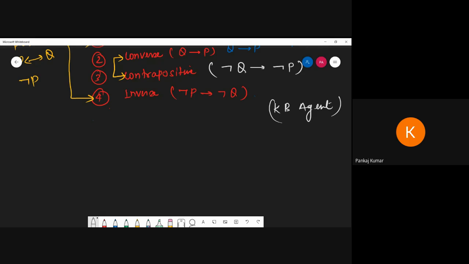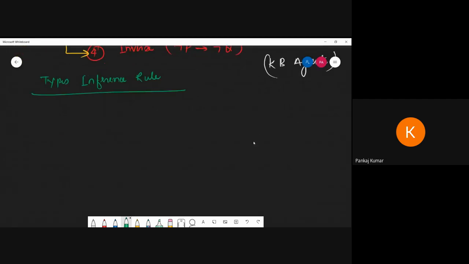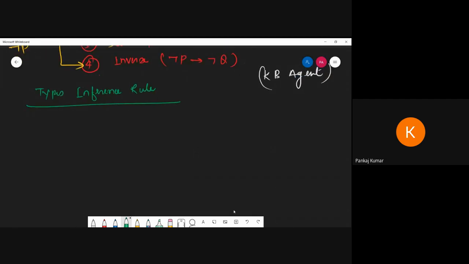No tension. Now see, I'm talking about the inference rules. These are very important. The types: the first one is called modus ponens.